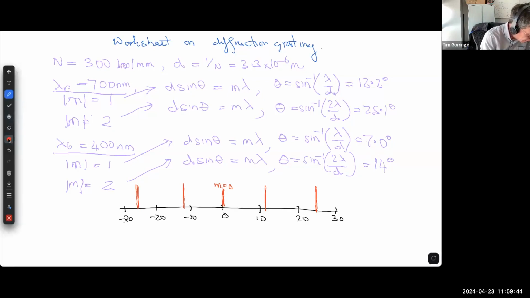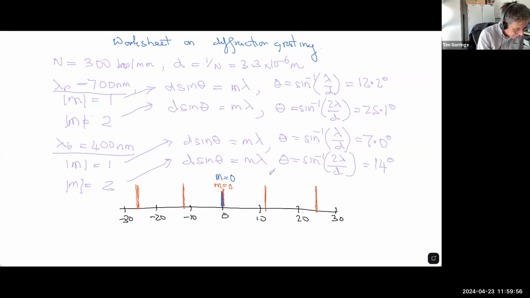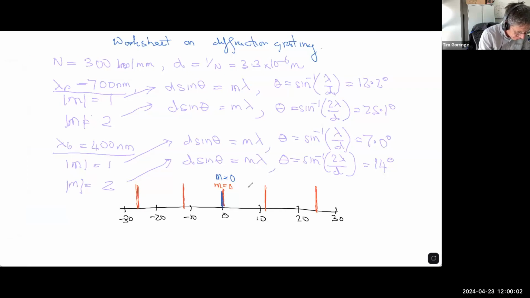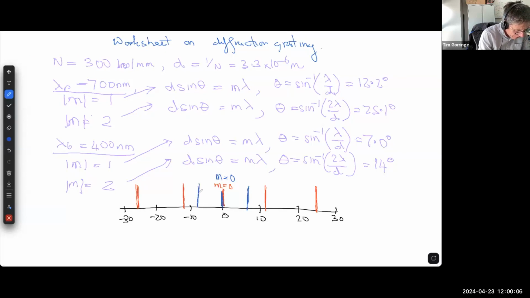There's going to be a bright line at 0 degrees. That's also m equals 0. And there's going to be then m equals plus or minus 1 blue lines at 7 degrees. So that's somewhere in here and somewhere about here.